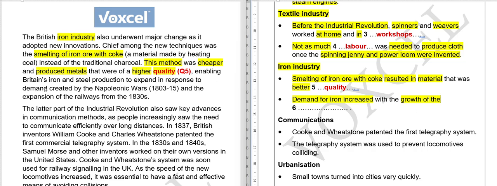Let's see: enabling Britain's iron and steel production to expand in response to the demand. So iron production expanded, basically grew, increased in response to. Whose response to? Demand created by the Napoleonic Wars and the expansion of the railways from the 1830s.